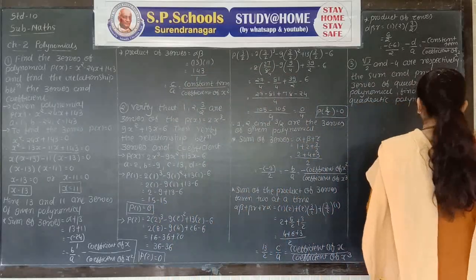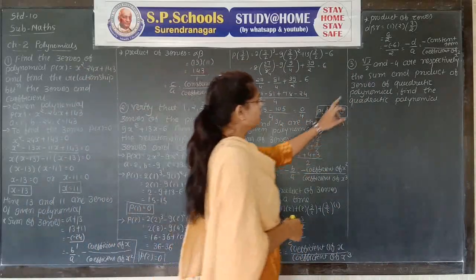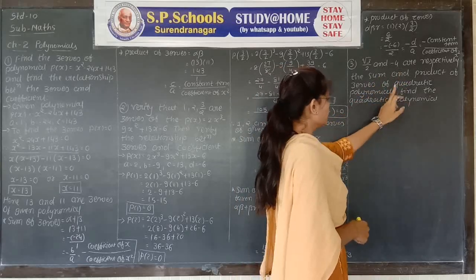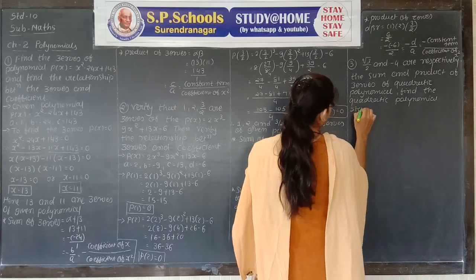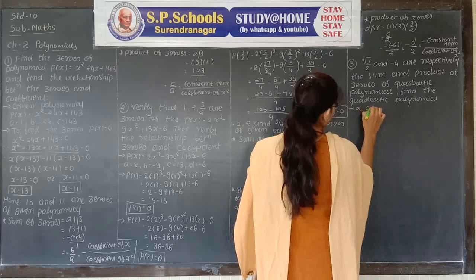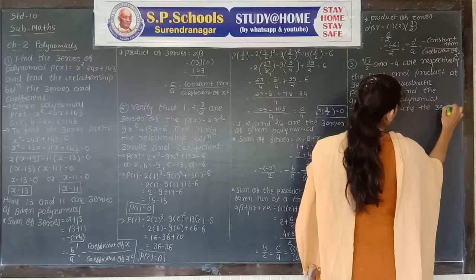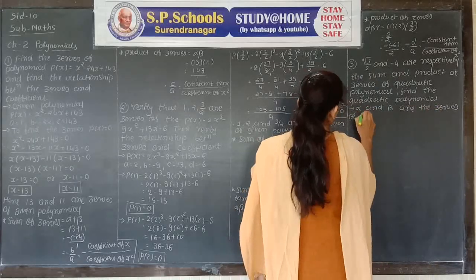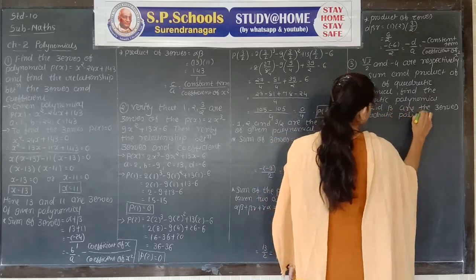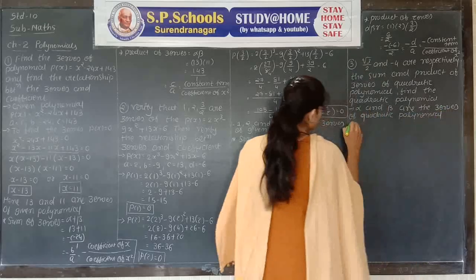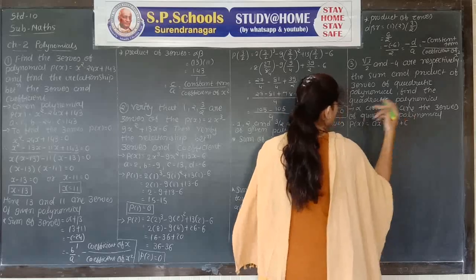Now we go for the third number. Third number is also somewhat important. Root 3 upon 2 and minus 4 are respectively the sum and product of zeros of a quadratic polynomial. Find the quadratic polynomial. As we know the standard form of a quadratic polynomial, where alpha and beta are the zeros of the quadratic polynomial, p of x is equal to ax square plus bx plus c.